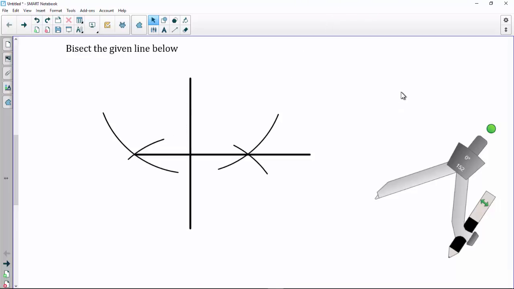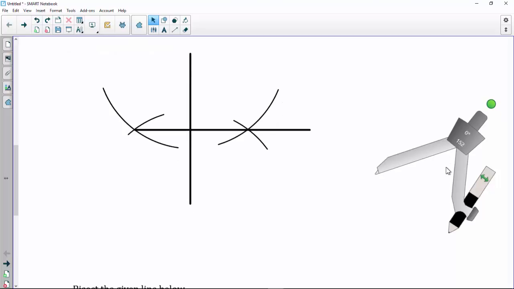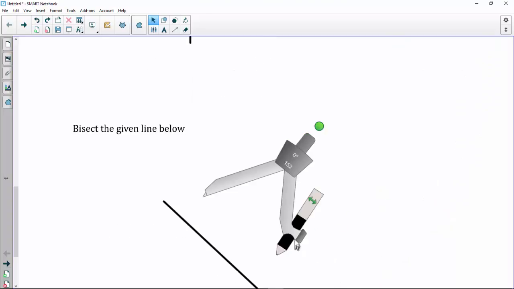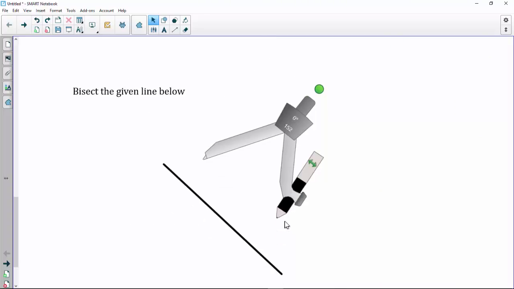Now, take it in for a moment, and we are then going to bisect a slanted line or a line with a gradient. Let's stick to the word slanted for now. Yes, a slanted line.